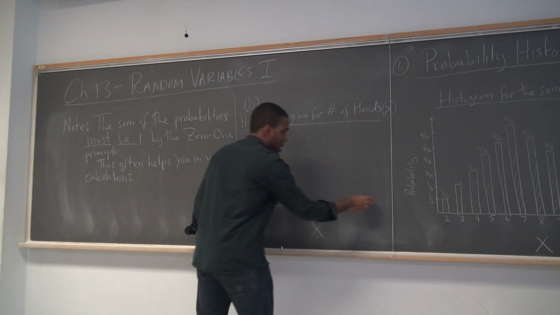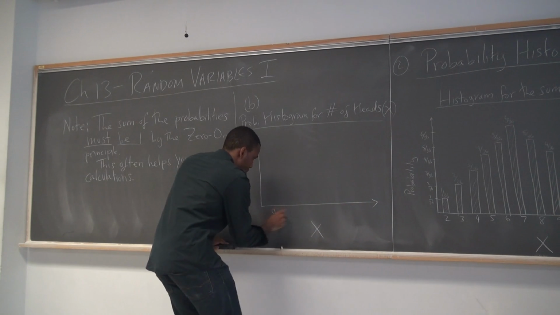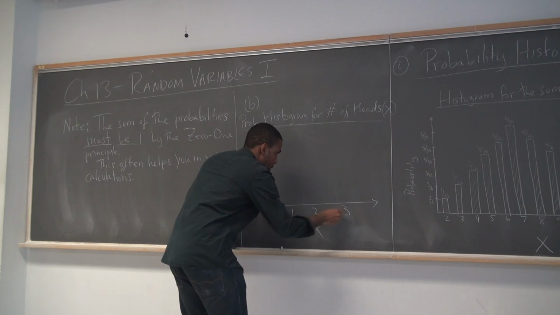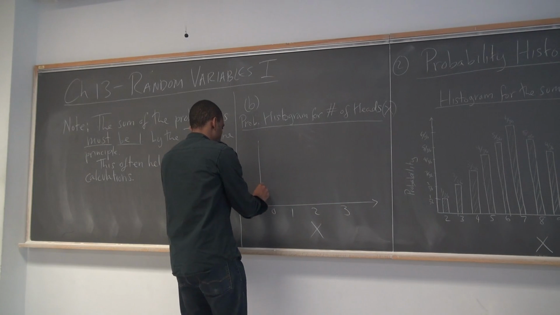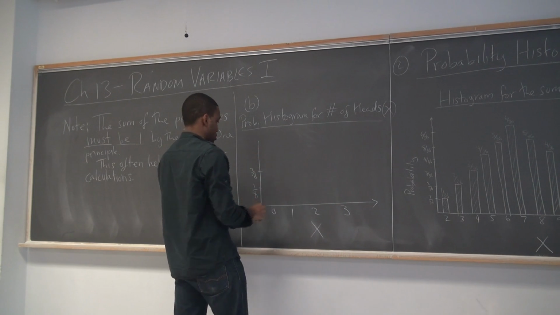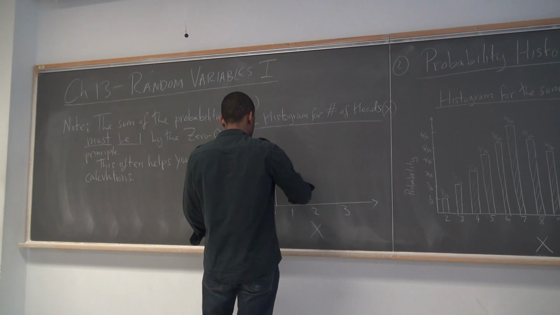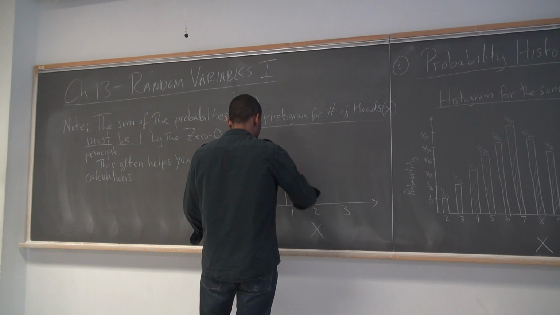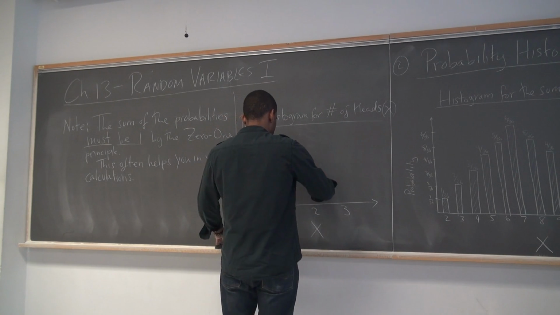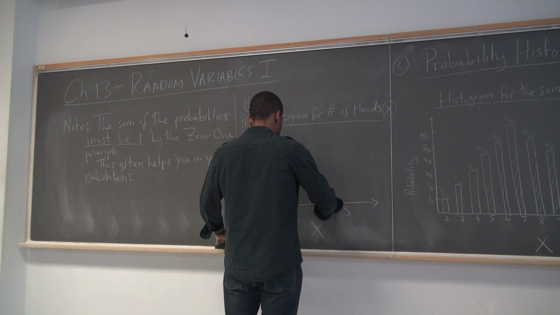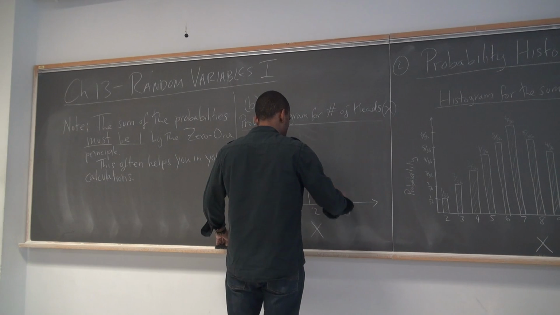So we can label that by x. Possible values are 0, 1, 2, 3. The chance of 0 is 1 out of 8. The chance of 1 is 3 out of 8. 2 is 3 out of 8. 3 is 1 out of 8.